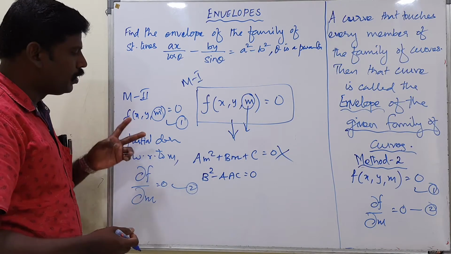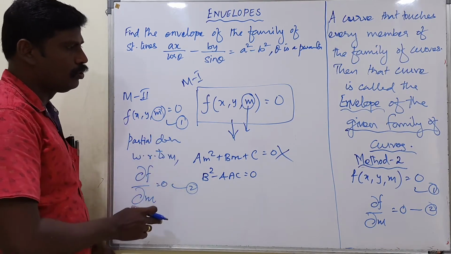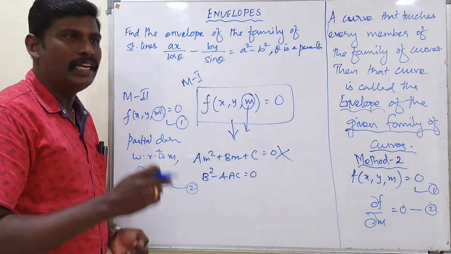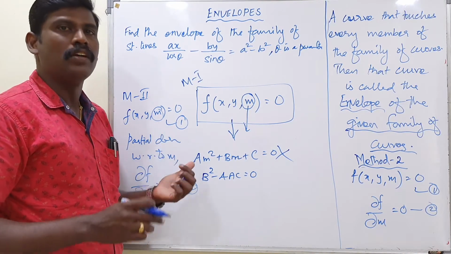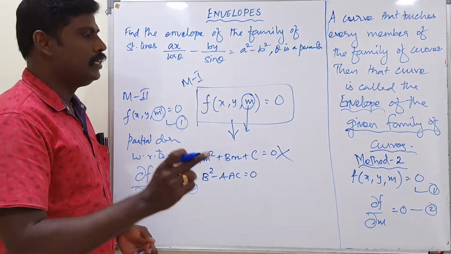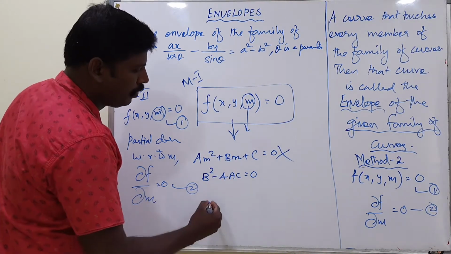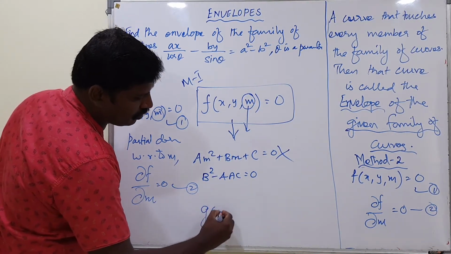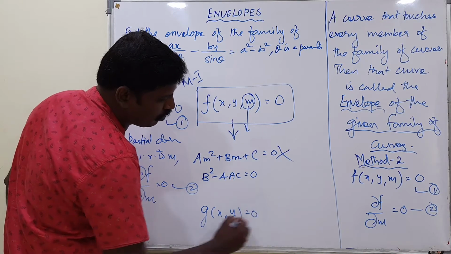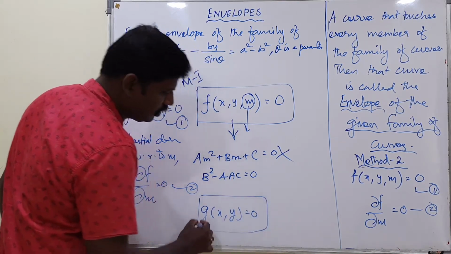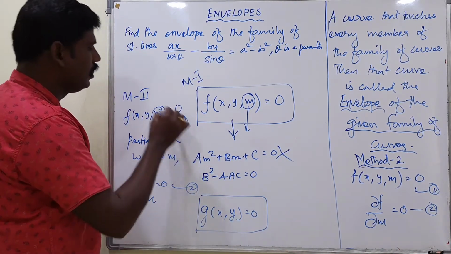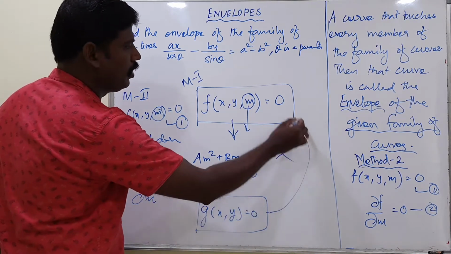So using equations 1 and 2, both involving the parameter m, solving and eliminating m from these two equations, you can get the equation in the form of f of x comma y equal to 0. This curve is nothing but the envelope of the given family of curves. Okay, right?